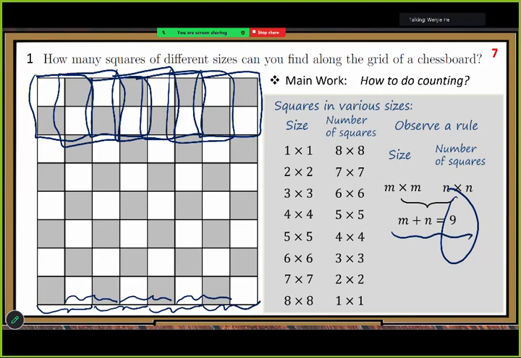These two parameters vary for all the categories, but the sum of those two parameters is a constant, always constant.